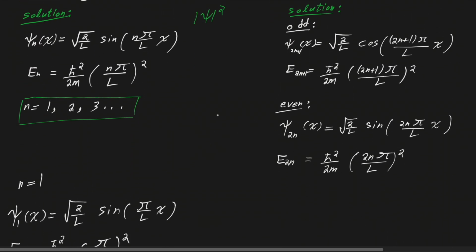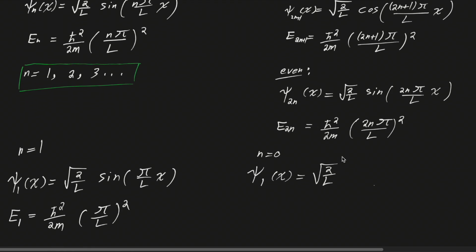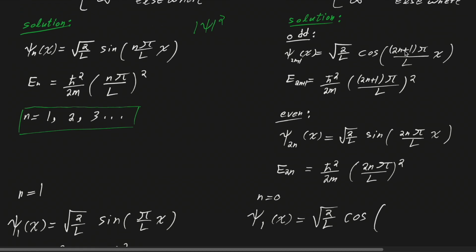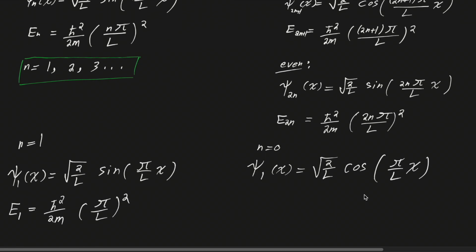Now, suppose we would like to see if there's any corresponding solution on the other side. Obviously, 1 is an odd number, so we need to take into consideration the first wave function with its first energy eigenvalue. So for 2n plus 1 to equal 1, n has to equal 0, and we'll have that psi 1 in this case will be the square root of 2 over L cosine, and substituting n equal to 0, we get pi over L x.